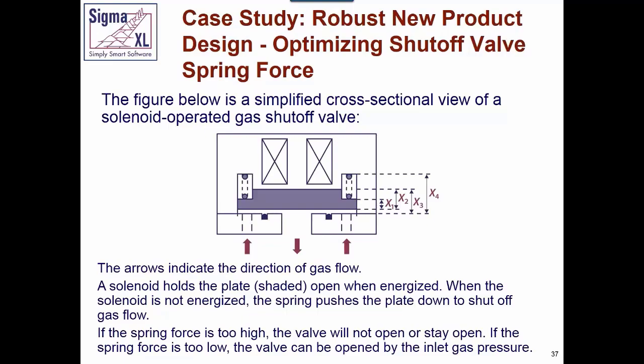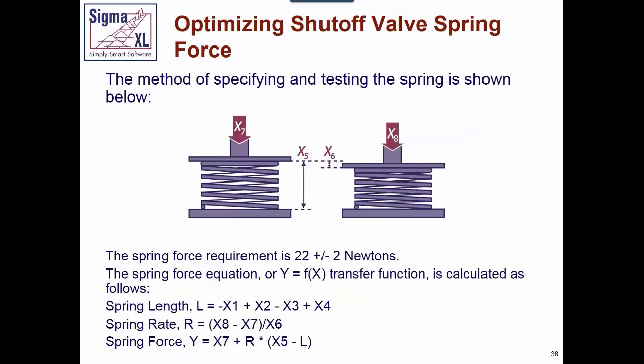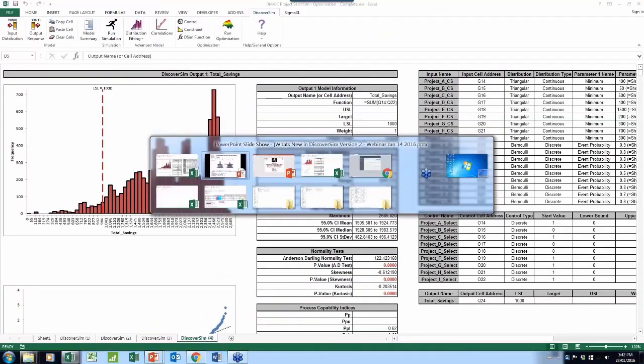If the spring force is too great, the shutoff valve will not open when necessary. If the spring force is insufficient, then it will be stuck open. So it's critical that the correct spring force be established. And that's what we're going to look at now with this engineering problem.